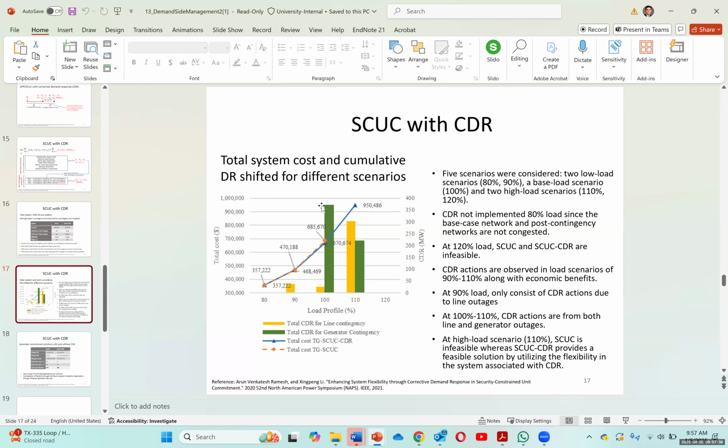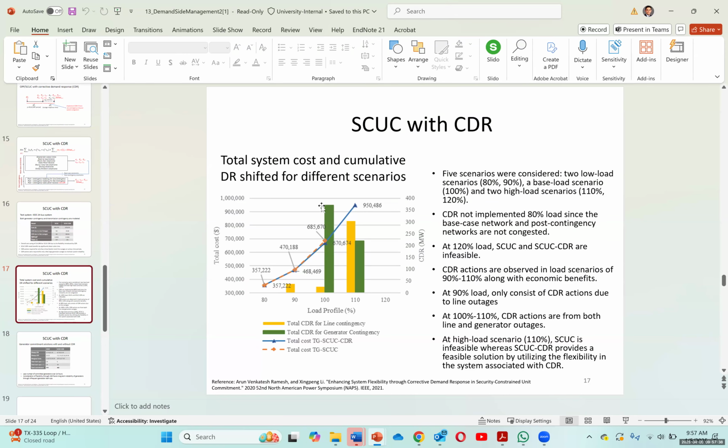And the blue line is the total cost for SCUC CDR, and the dotted line is the total cost for SCUC alone. And you can see the difference that we had around $15,000 here, 685,000, and this is 670,000, around a 15,000 difference with and without CDR.